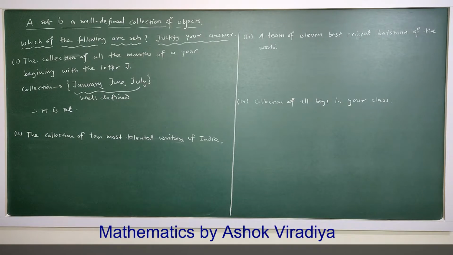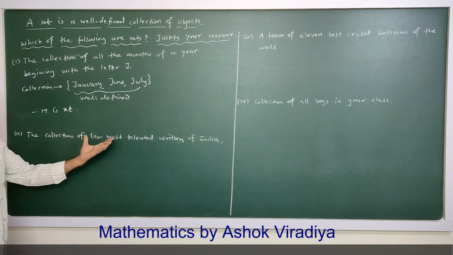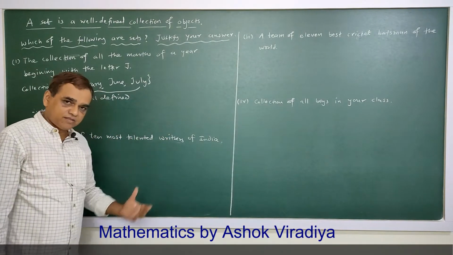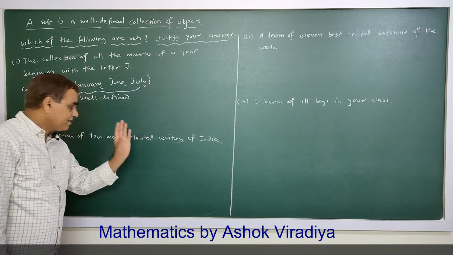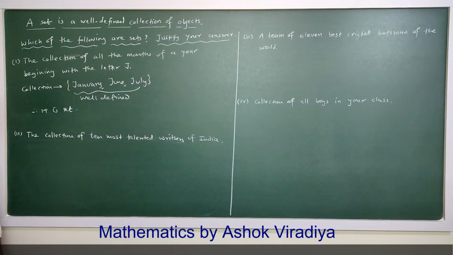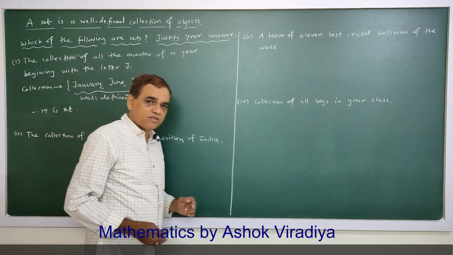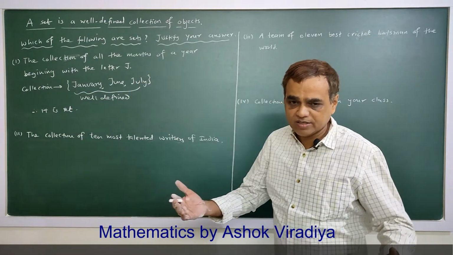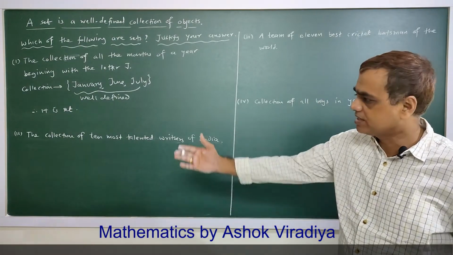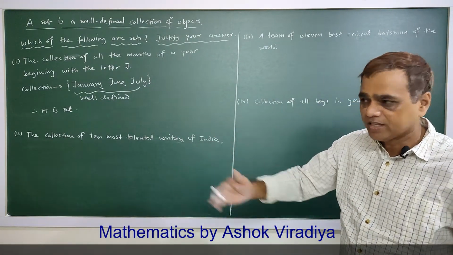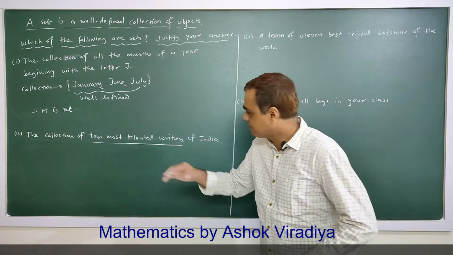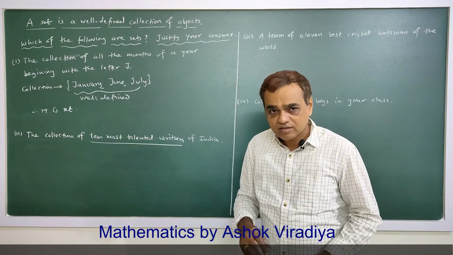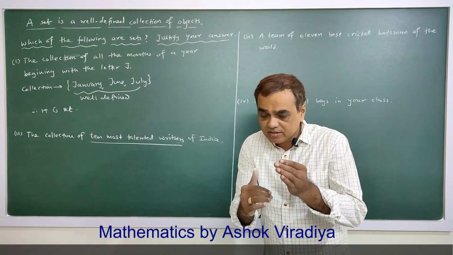Now the second question, the collection of 10 most talented writers. Suppose you ask this question to different persons, say 100 people, to prepare a list of 10 most talented writers.